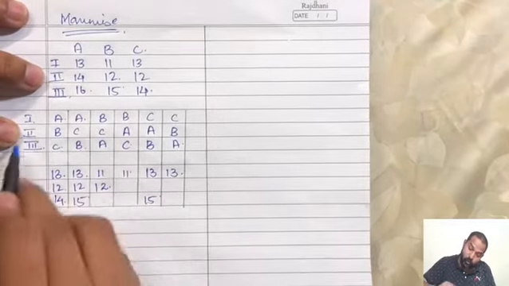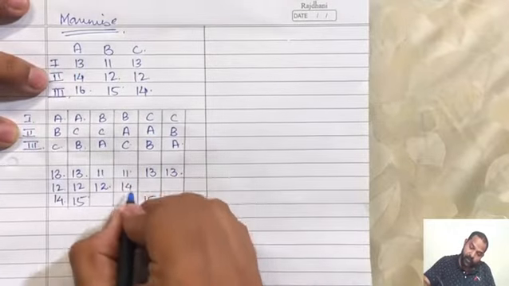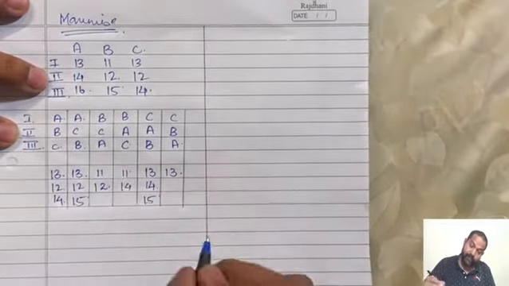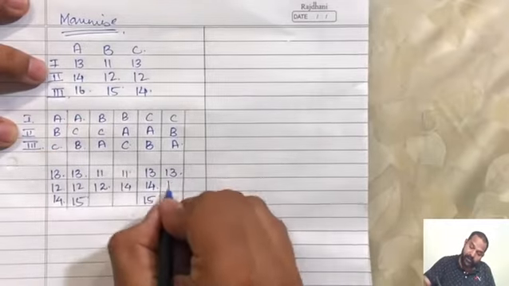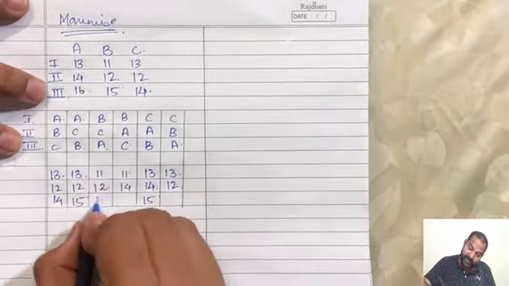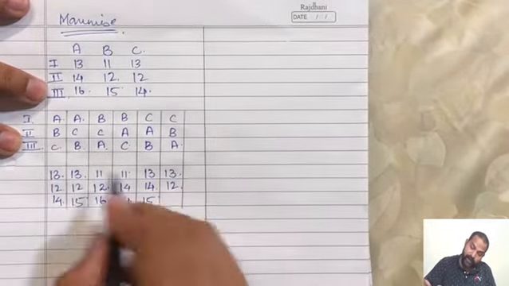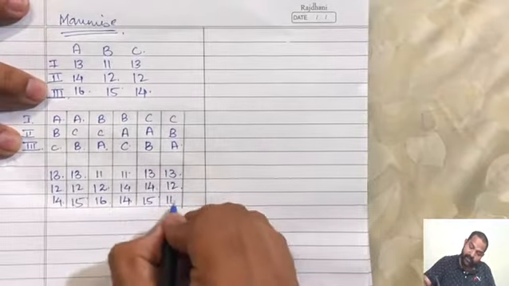Then I have 1 going to B, 11, 2 going to A, 14, 3 going to C, 14. And 2 going to B is 12, 3 going to A is 16.